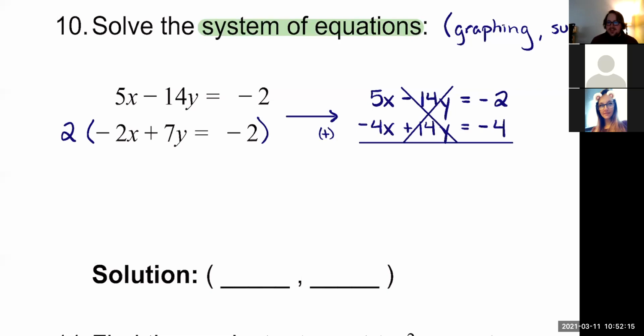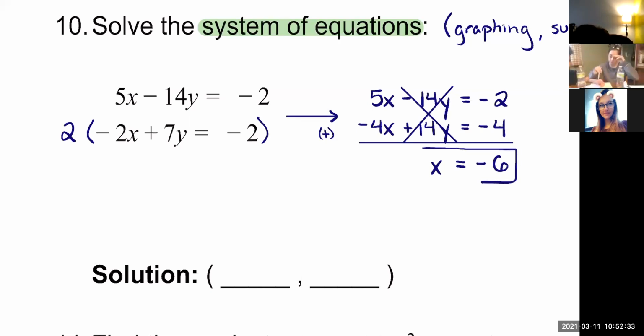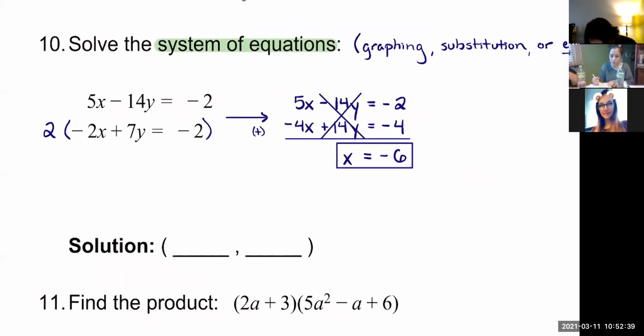And then as we add everything else together, 5x plus -4x is going to give me 1x, or just x. We're in luck here. We're not even going to have to solve this one. It's going to solve itself. And -2 plus -4 is going to give me a -6. We're halfway there. What do I still need?